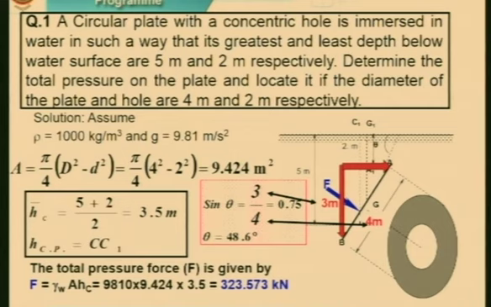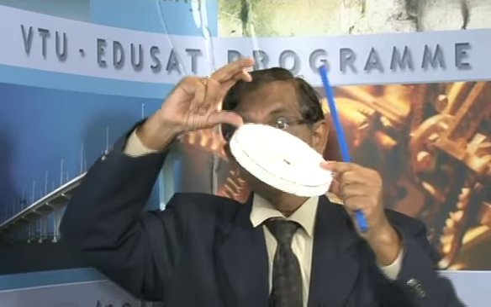Now h centroid, I would like to know what is the centroid of the figure. Yesterday I gave you a hint, you remember? Whatever the least height is, 2 meter, whatever the greater height is, 5 meter, take the average of the two.